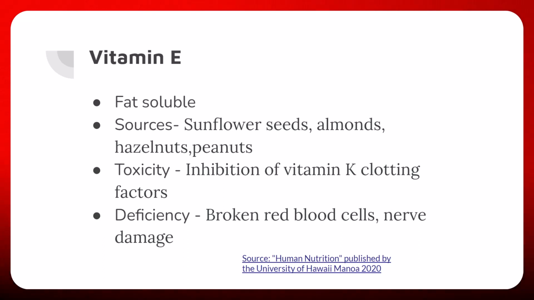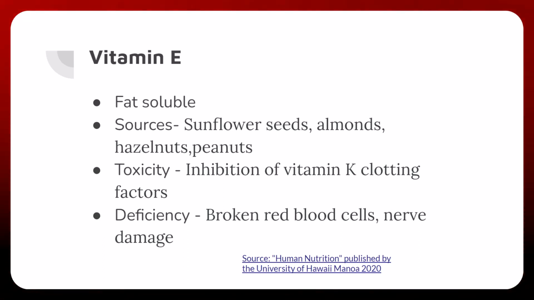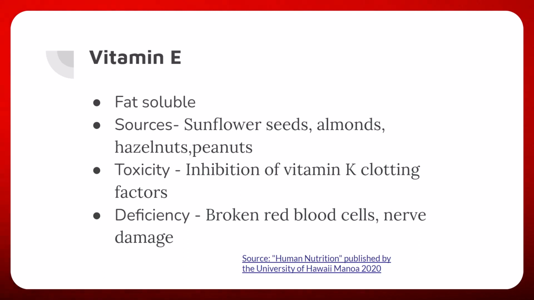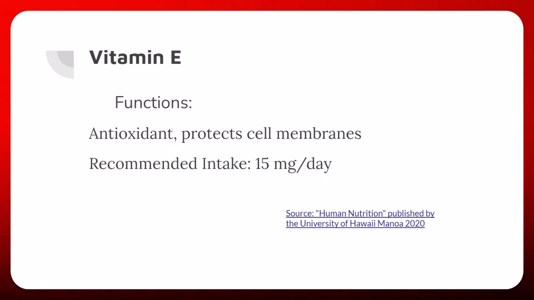Toxicity looks like this: inhibition of vitamin K clotting factors. You wouldn't want that because clotting factors are what keeps us from bleeding too much. Deficiency looks like broken red blood cells and nerve damage. The functions of vitamin E include antioxidant, protect cell membranes, and the recommended intake is 15 milligrams per day.